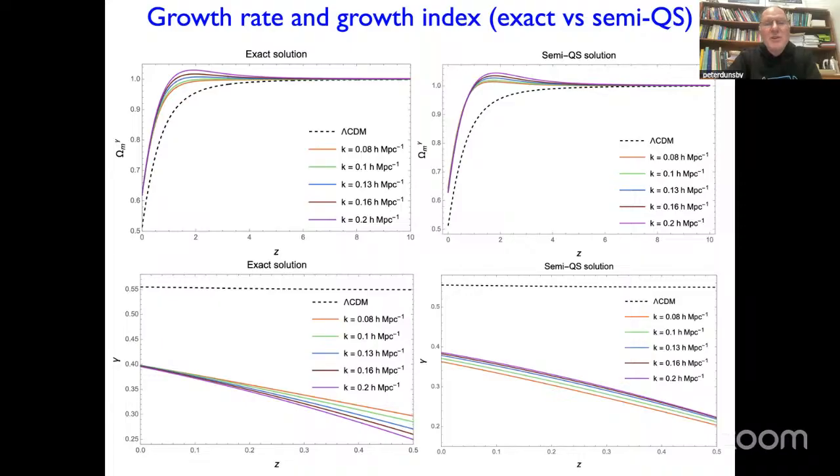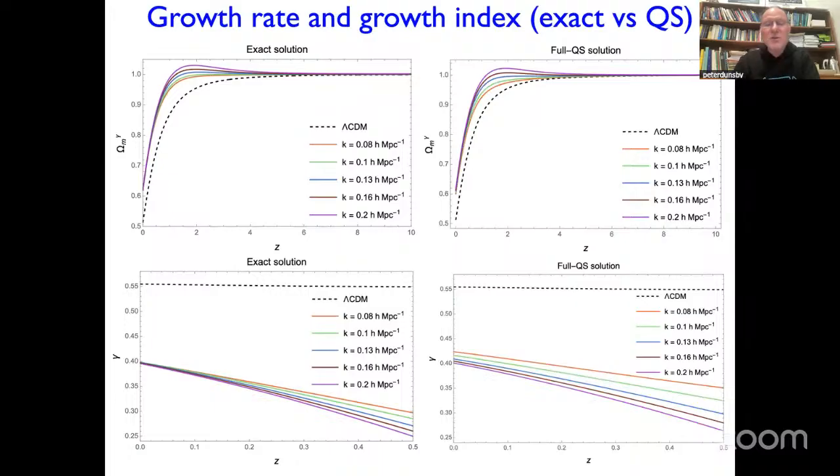And this gets worse for the full quasi-static approximation. If one goes to the full quasi-static approximation, you can see that at redshifts bigger than about 0.2, you start to get significant differences between what you find from the exact solution and what one gets for the full quasi-static approximation. So that indicates that care must be taken when one analyzes data to constrain these models.